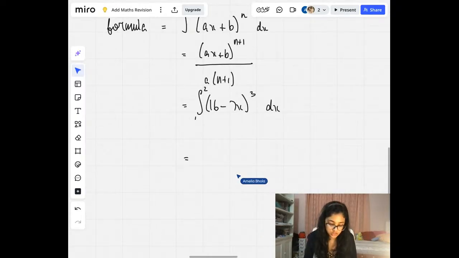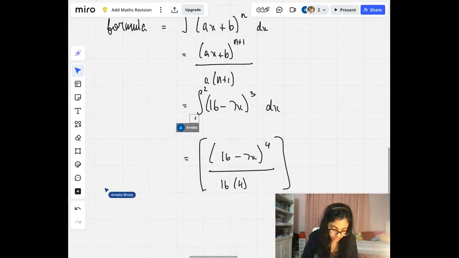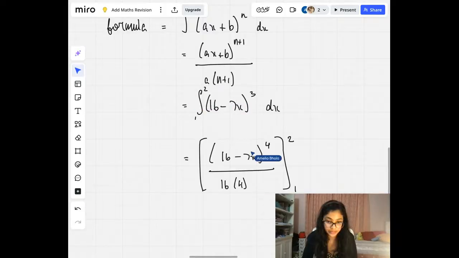All right. So 16 minus 7x. 3 plus 1 is 4. And then I'm going to take the 16 and multiply by the 4. I'm going to put all of this in brackets since it is a definite integral. I'm going to put this number, which is 1, at the bottom, and the upper limit, which is 2, on top here.